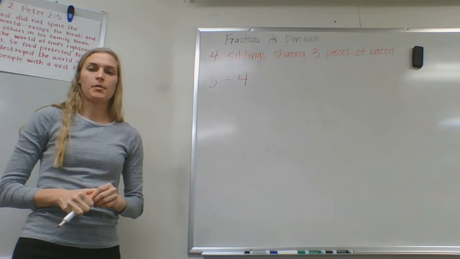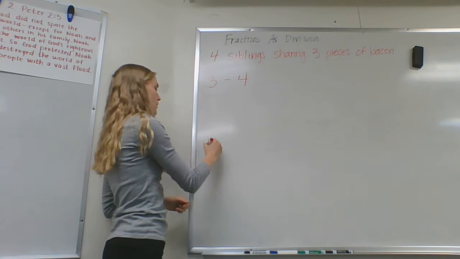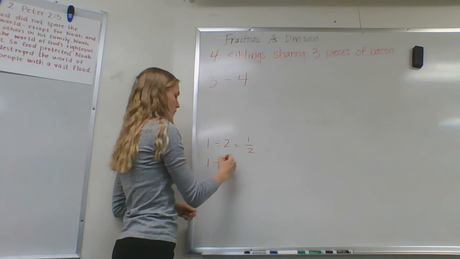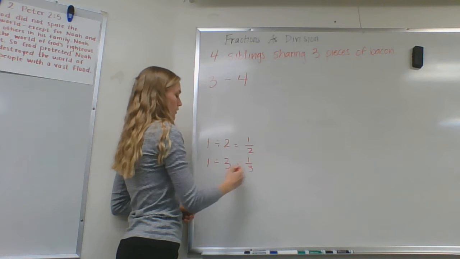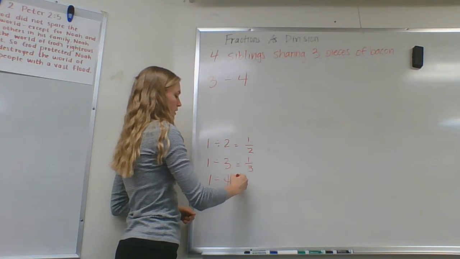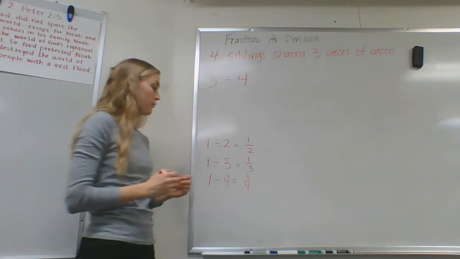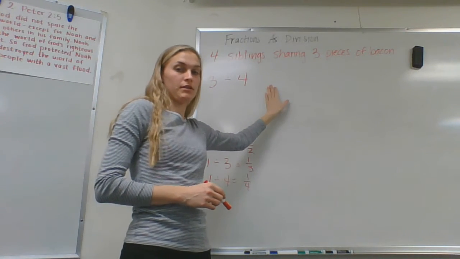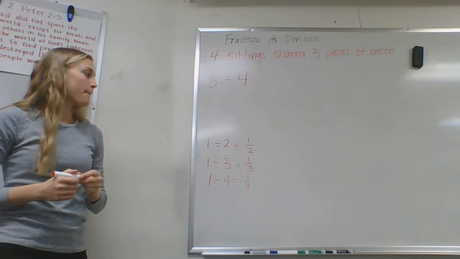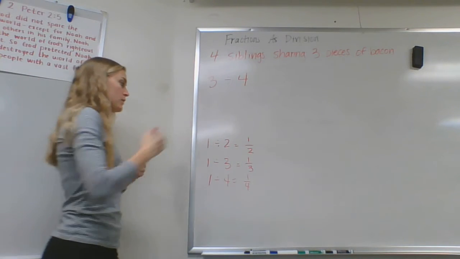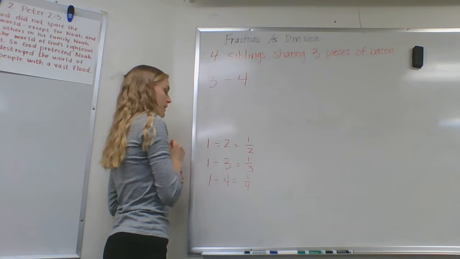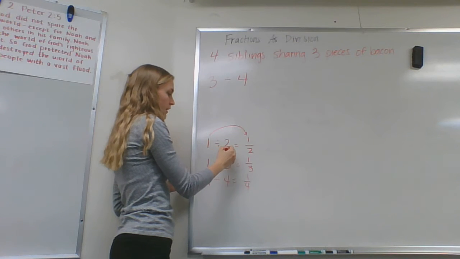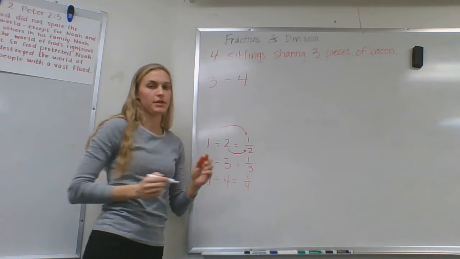Well, if we continued from our pattern that we just saw, that 1 divided by 2 equals 1/2, 1 divided by 3 equals 1/3, 1 divided by 4 equals 1/4, and so forth, what fraction would 3 divided by 4 give us? Well, the dividend, the first number, is going to be our numerator, and the divisor is going to be our denominator.